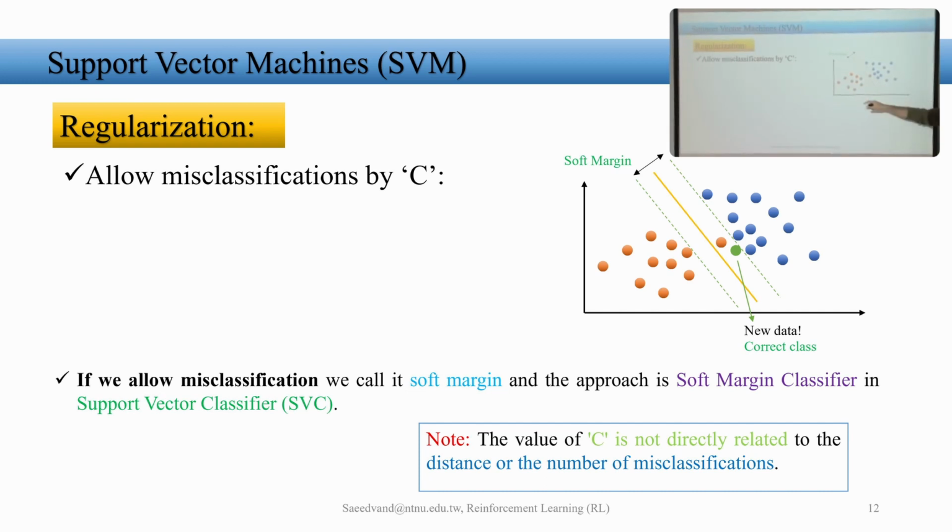And if we do this, we can now call it soft margin. We already know the label of this class, that this belongs to the orange, but on purpose we allow misclassification, assuming this data over here is supposed to be in class blue most likely, so that if a new sample comes, our prediction accuracy is much higher.